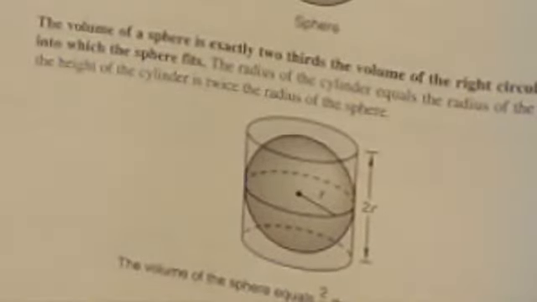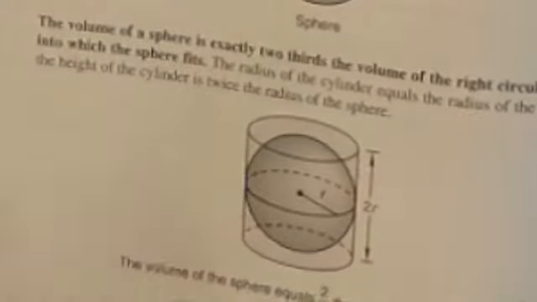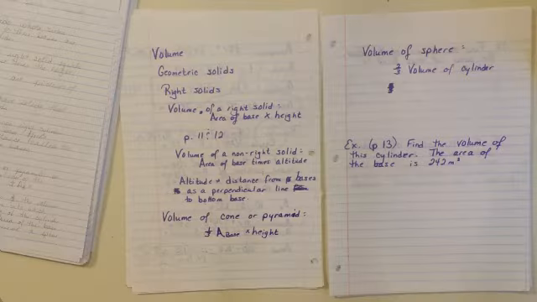So if we have a sphere and we put it inside a cylinder, and the cylinder exactly meets its top and its bottom and its sides, so that 2 times the radius of the sphere is both the width of the cylinder and the height of the cylinder, then the volume of the sphere is going to be 2/3 the volume of that cylinder. And once again, we'll talk about what that looks like in just a second.